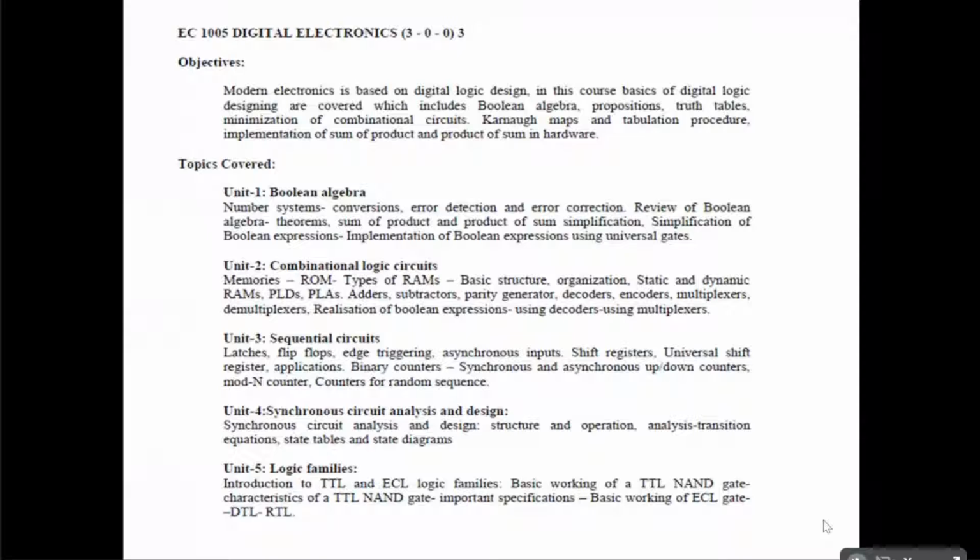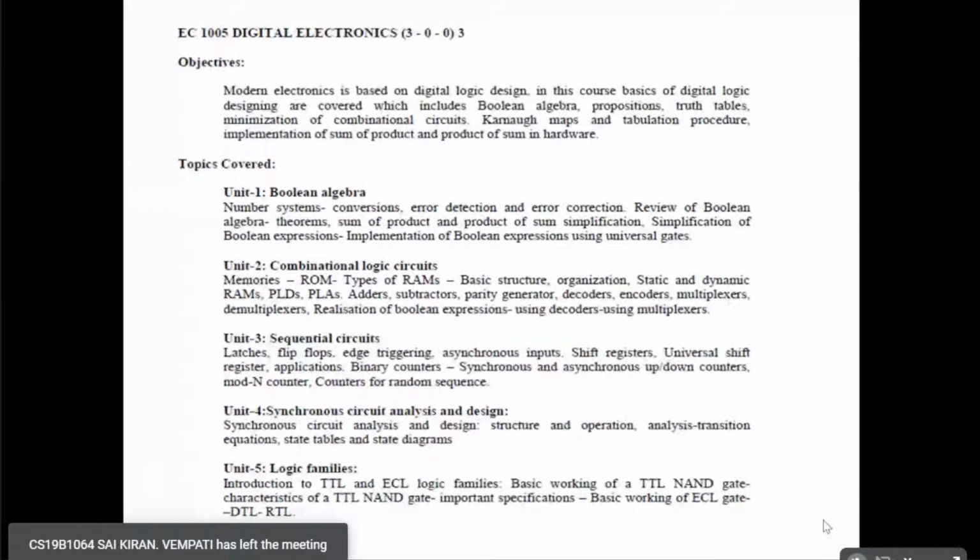So in order to store that past output, we need memory. Latches, flip-flops are memory storage elements, and counters. So take another example, counters. Counter means a circuit, it counts up or down, depending upon our application. So if the counter is in 5, you need to count to 6.